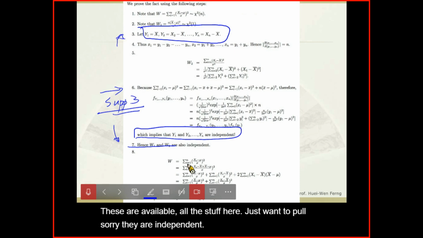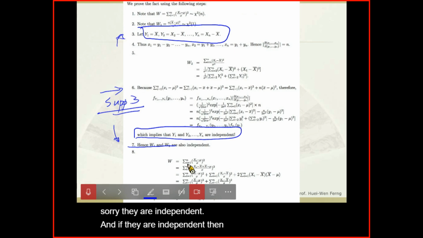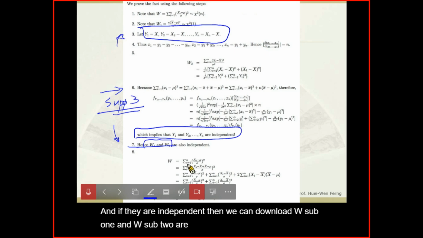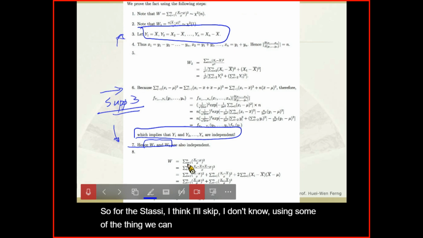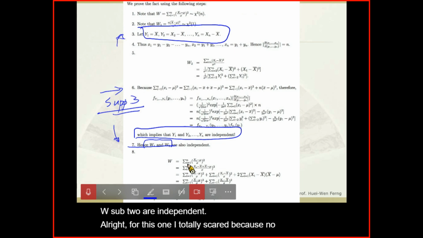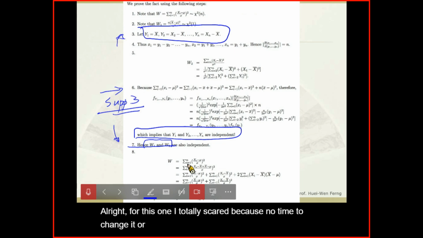And if they are independent, then we can know W sub 1 and W sub 2 are independent. So for the steps here, I skip, using supplement 3, we can have the proof to reach that W sub 1 and W sub 2 are independent. Alright, for this one, I totally skip because no time to check it. Or otherwise, we cannot reach, for example, chapter 8.